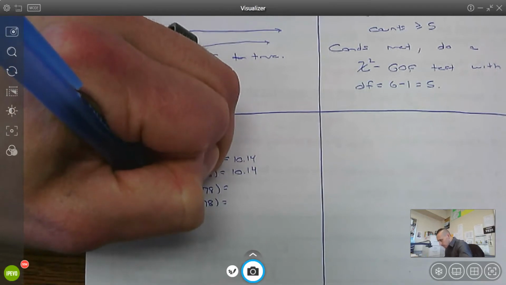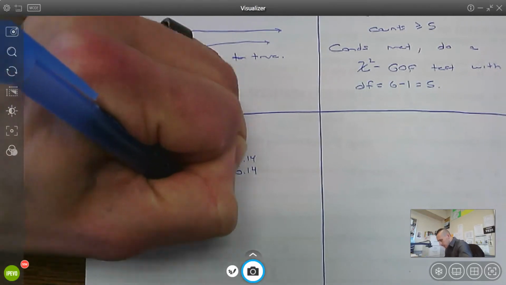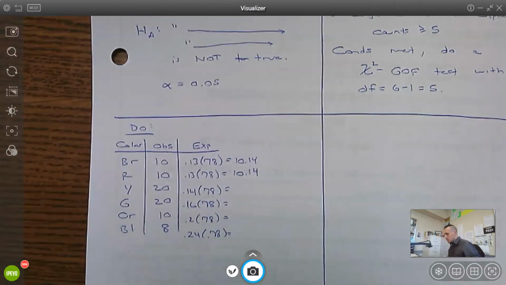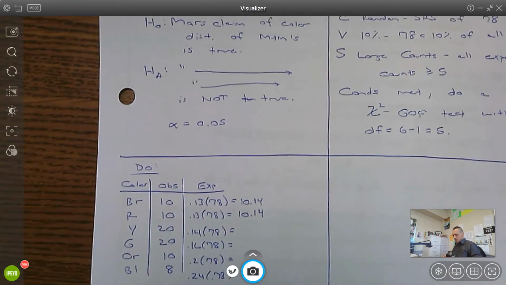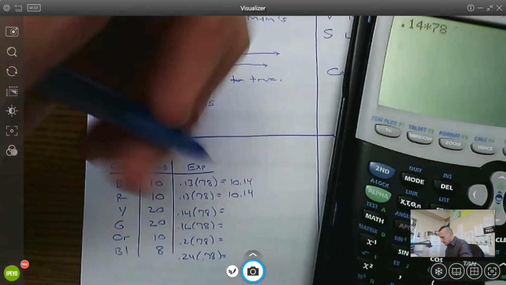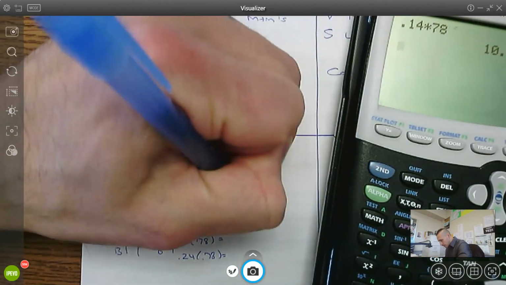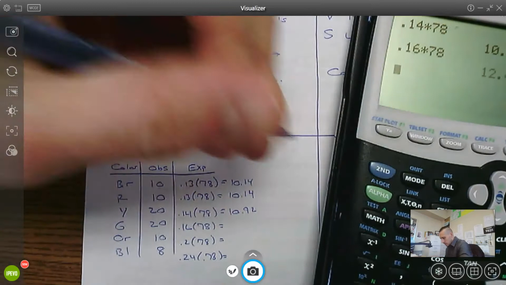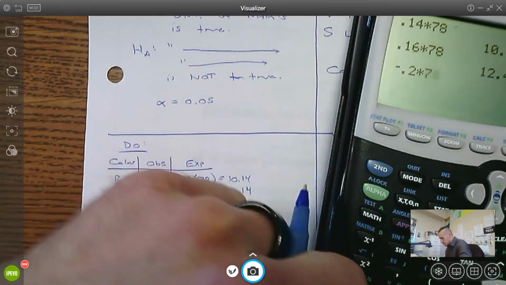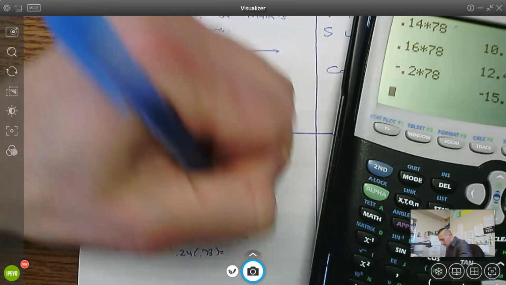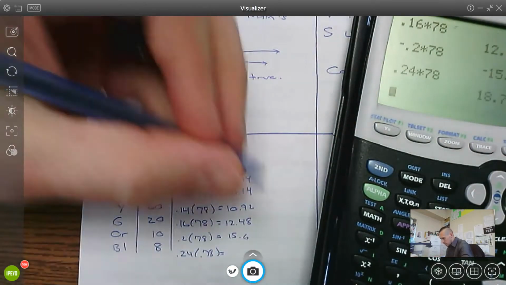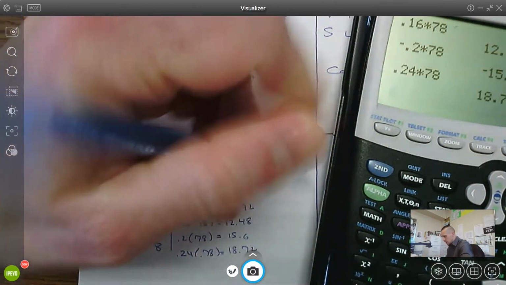Orange was 20% of 78, and blue 24% of 78. So I actually didn't do those calculations ahead of time. Give me a moment, and I'm going to run through those. So for yellow, we expect almost 11. For green, about 12.5. For orange, almost 16, and for blue, almost 19.